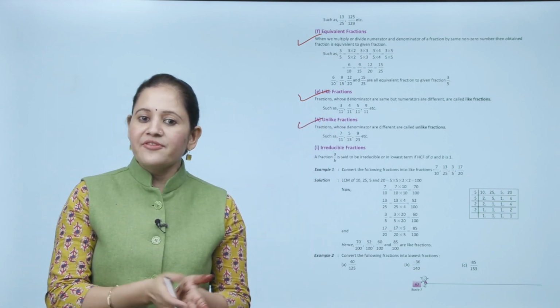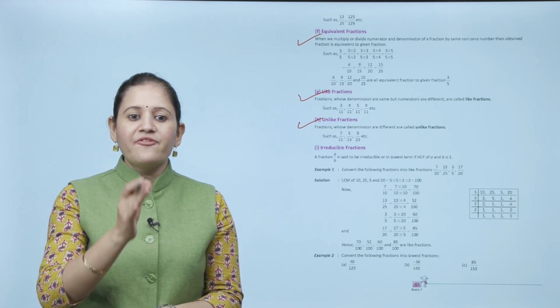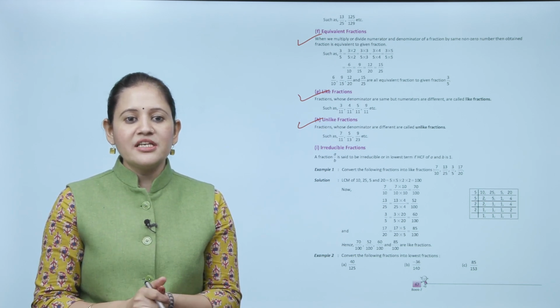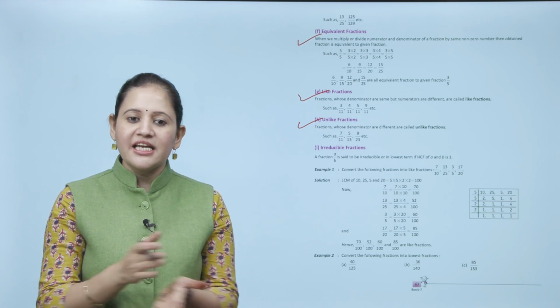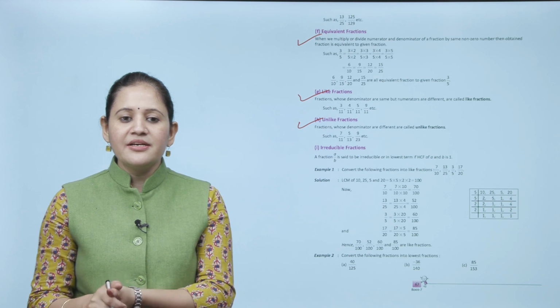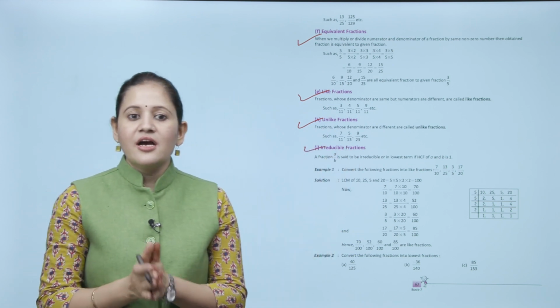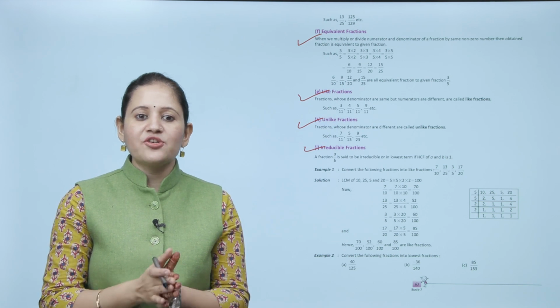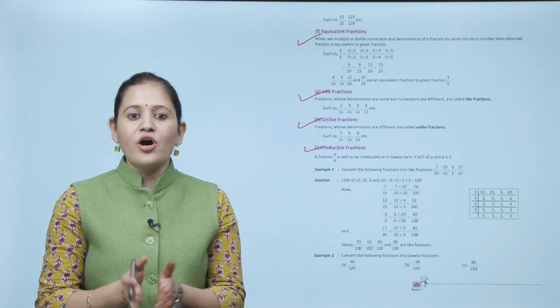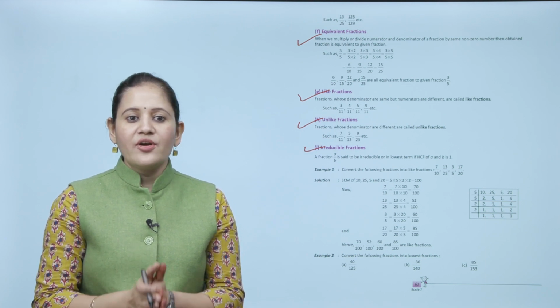Fractions whose denominators are different are called unlike fractions, such as 7/11, 5/13, 9/23. Next, irreducible fractions. A fraction a/b is said to be irreducible or in the lowest term if HCF of a and b is 1.